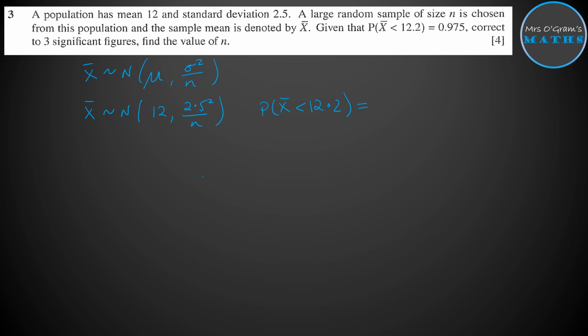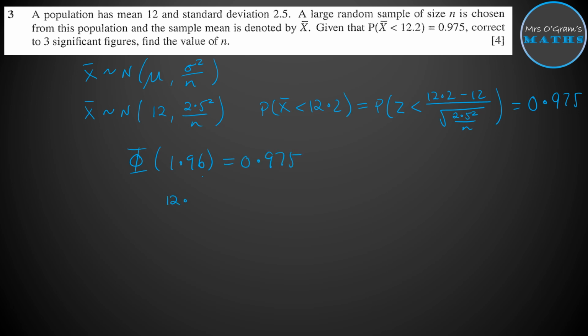So I'm just going to put that into terms of z first. So this would be 12.2 minus 12 over the square root of 2.5 squared over n. That's to equal 0.975 as specified in the question. Well, phi of 1.96 is what gives us 0.975.